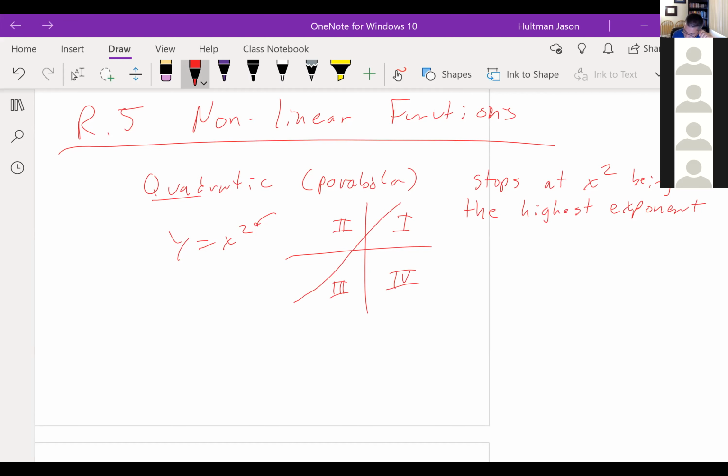However, a parabola can go through all 4. That's why it was called a quadratic 2,000 or 3,000 years ago. It was the first shape that they graphed that went through all 4 quadrants, so they called it a quadratic. There you go, a little history of mathematics for you.